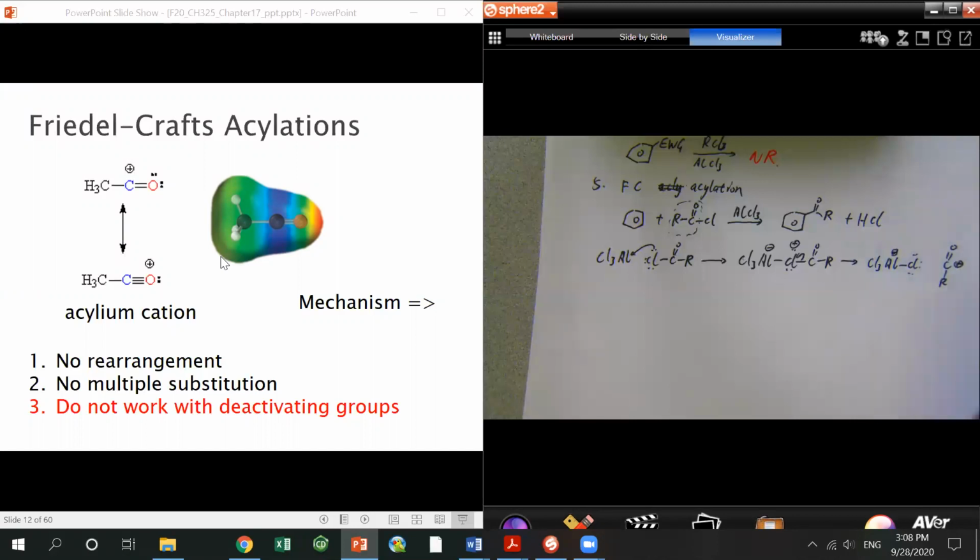So this is the real electrophile, and it then reacts with benzene.